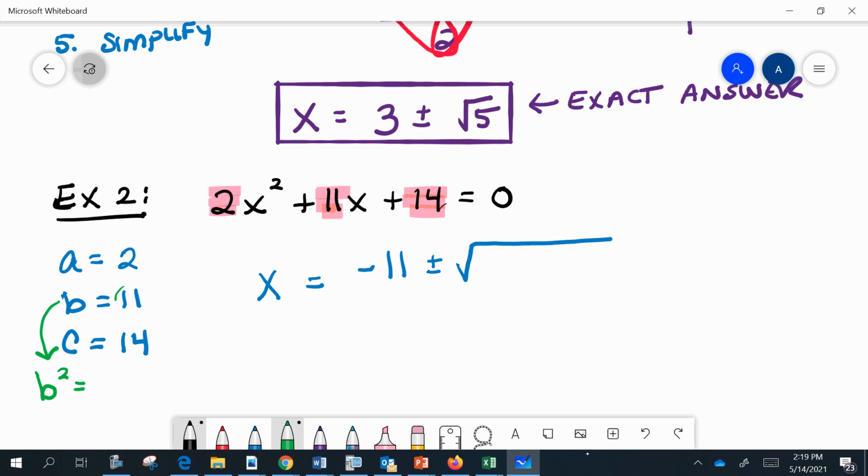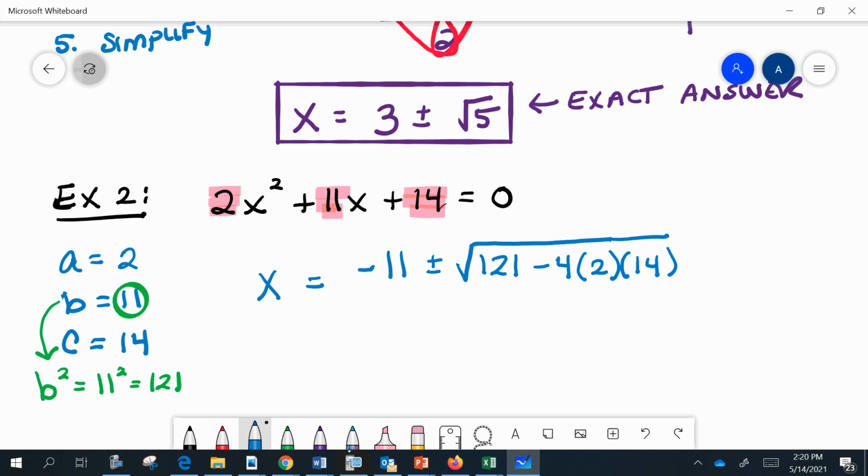If b is 11, then b squared is going to be 11 squared, which is 121. And I'm going to write right here 121 minus 4 times the a value times the c value. Okay? All divided by 2 times the a value.